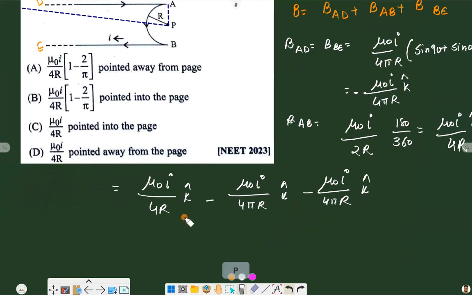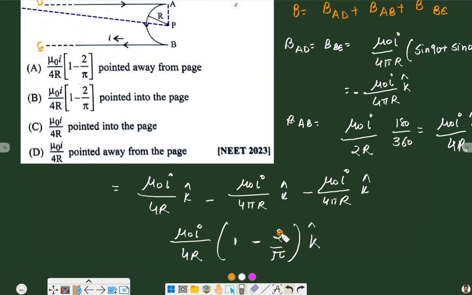So now we can take mu naught I by 4r common. Here we will have 1, and from here we will have 1 by pi and 1 by pi, so 2 by pi, and here we will have k also common.